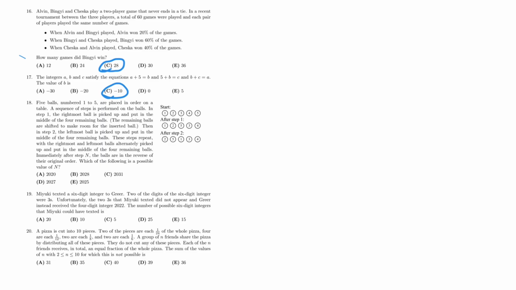These steps repeat, with the rightmost and leftmost balls alternately picked up and put in the middle of the 4 remaining balls. Immediately after step N, the balls are in the reverse of the original order. Which of the following is a possible value of N?